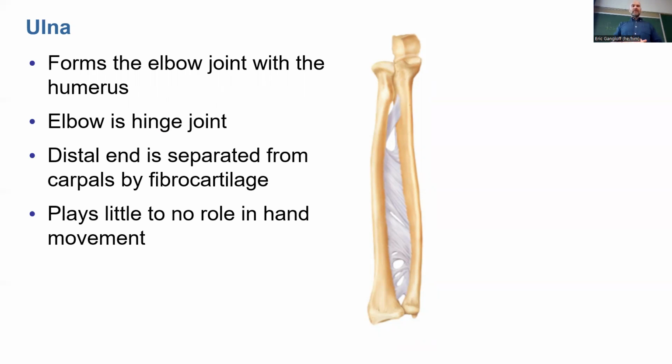The distal end of the ulna is actually interesting. It doesn't articulate directly with the carpals. There's actually some fibrocartilage in there that separates it. What I want you to take away from this is the ulna is important for articulation at the elbow and not the wrist.